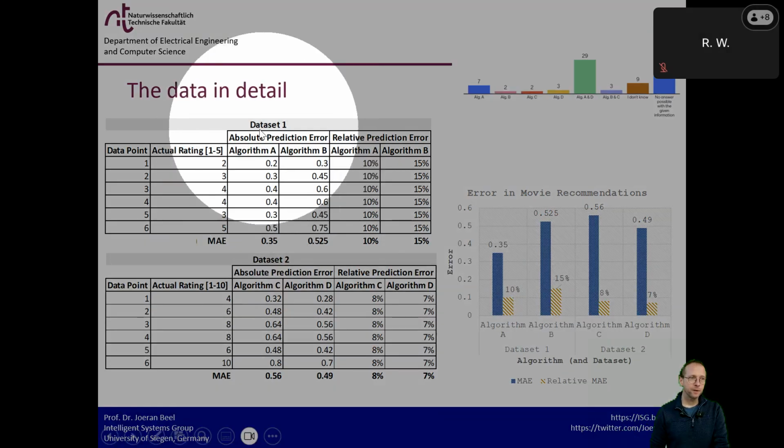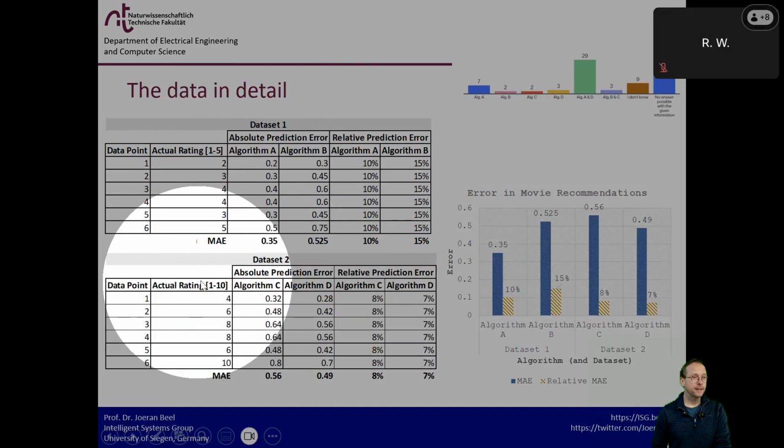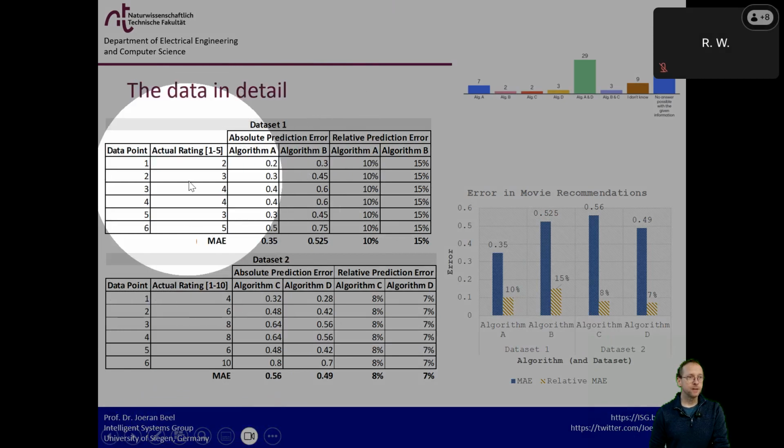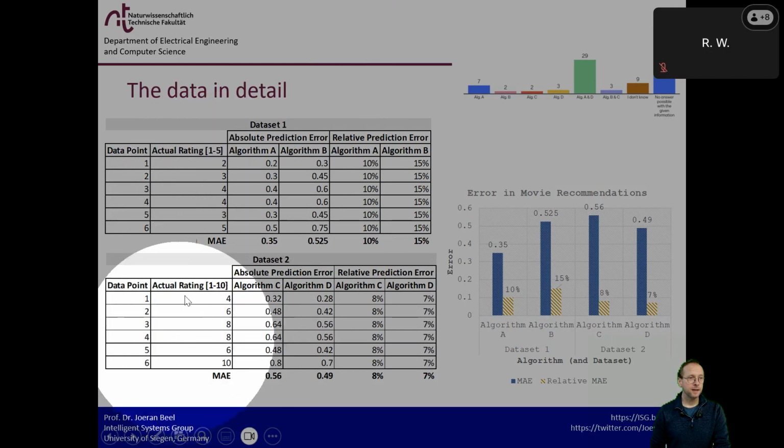So in data set 1, the actual movie rating could range from 1 to 5. In data set 2, the actual rating could range from 1 to 10. So if you are off on average by 1 star here, then this is relatively much higher than being off by 1 star here.